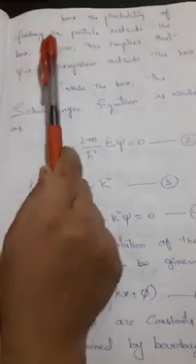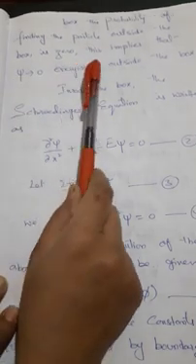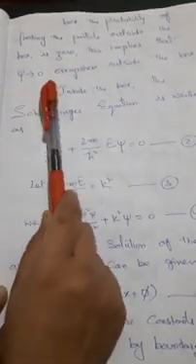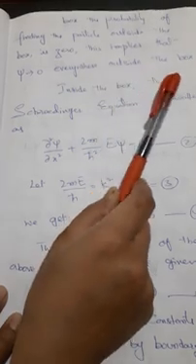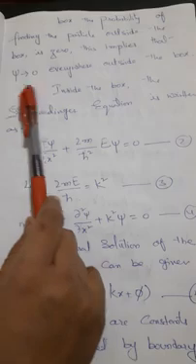As the particle is always within the box, the probability of finding the particle outside the box is 0. This implies that psi is equal to 0 everywhere outside the box. There is no particle outside, so the wave function is also 0.